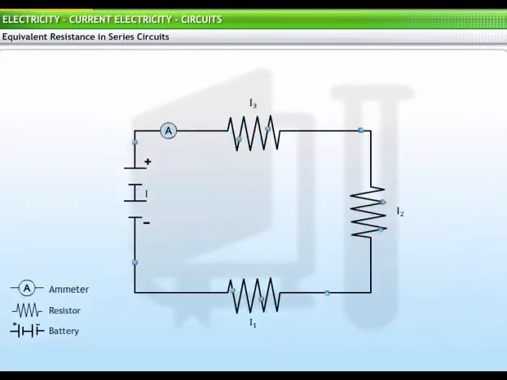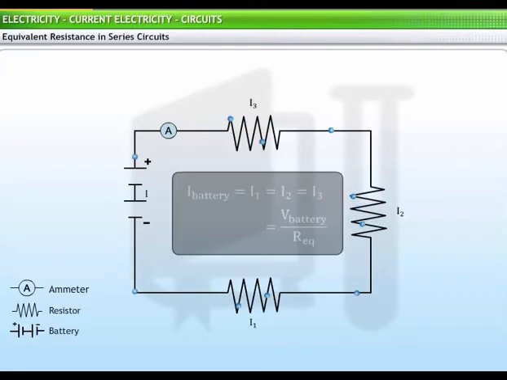Additionally, using Ohm's law, the current in the battery and thus through every resistor can be determined by finding the ratio of the battery voltage and the equivalent resistance. That is, I battery is equal to I1 is equal to I2 is equal to I3 is equal to V battery divided by R equivalent.